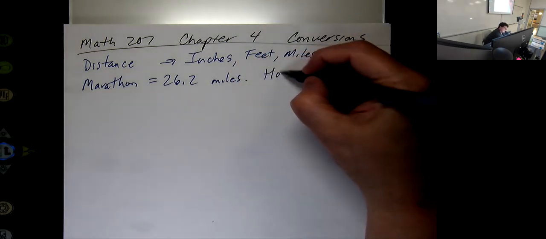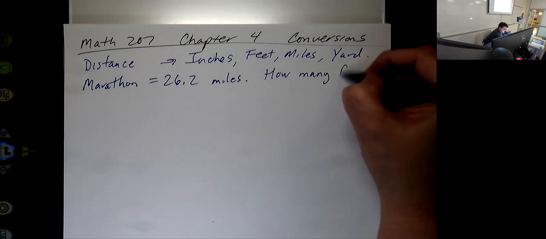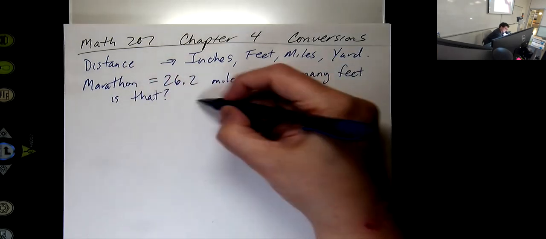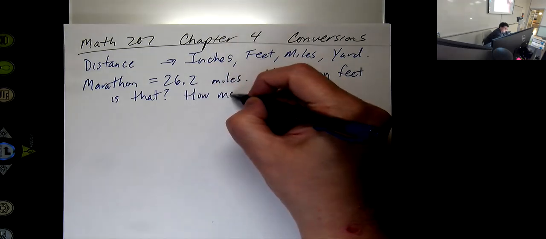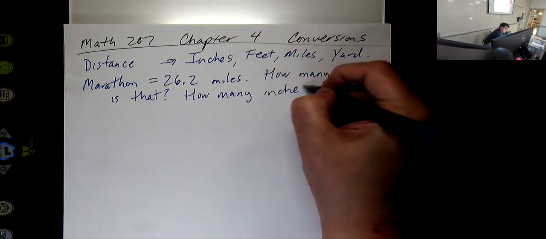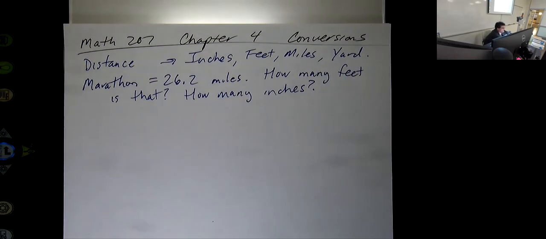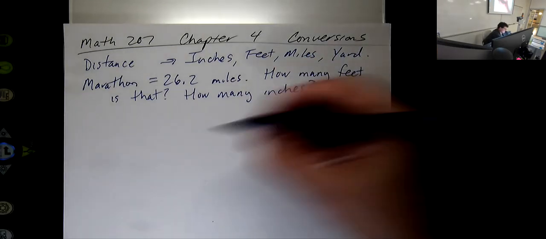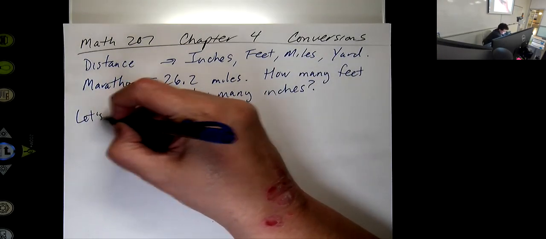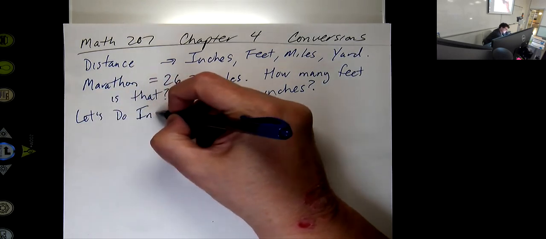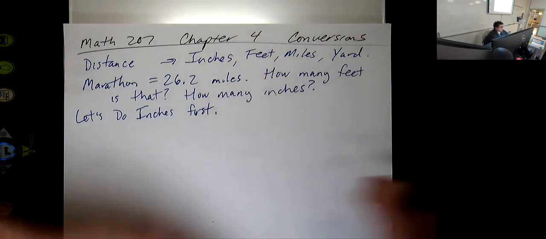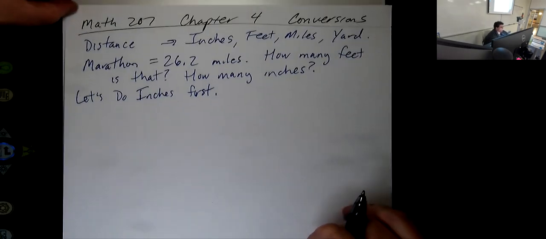How many feet is that? And we're going to ask how many inches. In fact, let's start off with inches. Let's do the inches first, because it will teach more this way than going the other way.